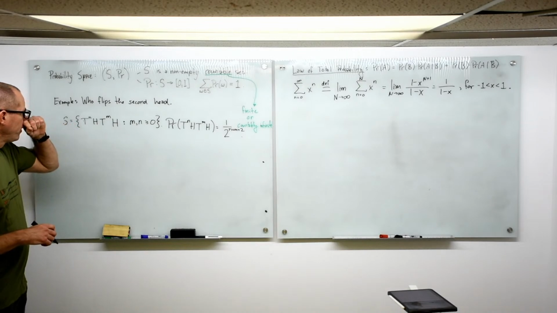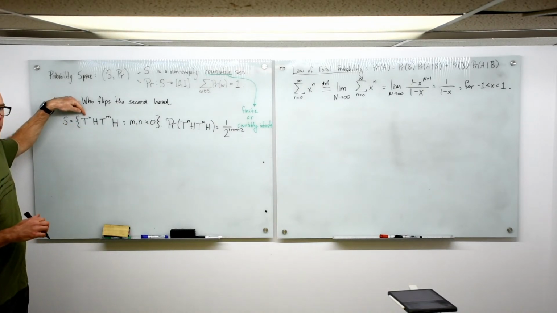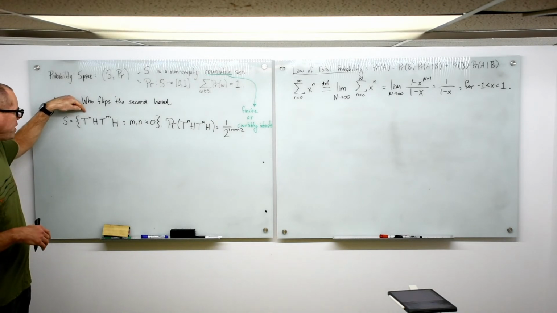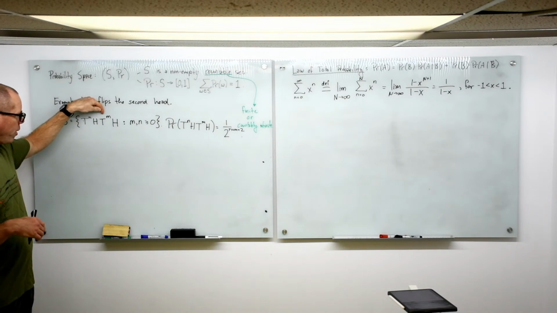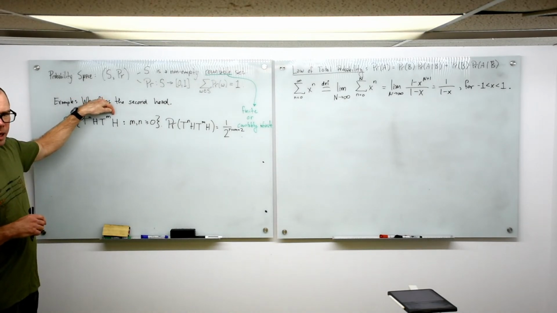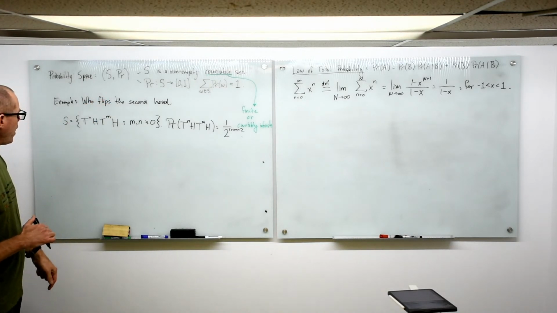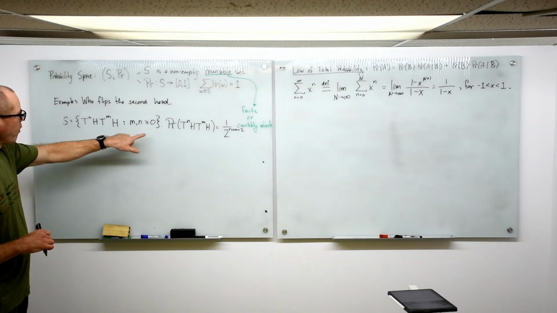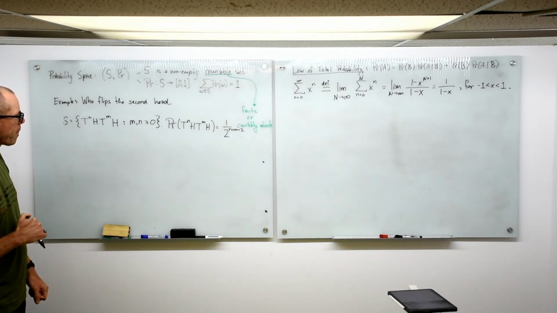All right, so this is now the outcome space. There's some number n bigger than or equal to 0 of tails, then somebody flips the first head, then there's some number m bigger than or equal to 0 of tails, and somebody flips the second head, then the game is over. M and N can be any integers bigger than or equal to 0.